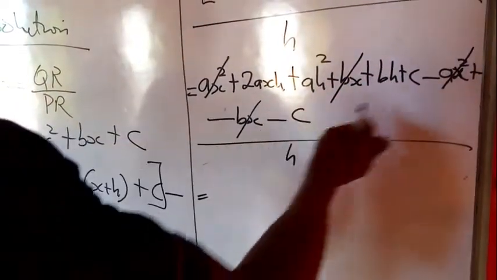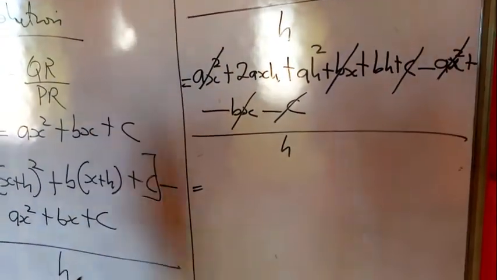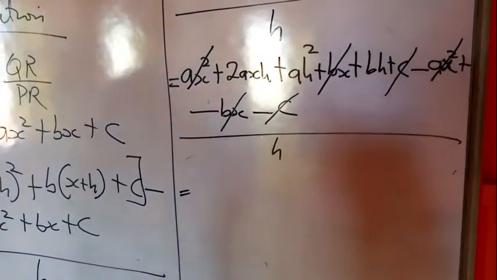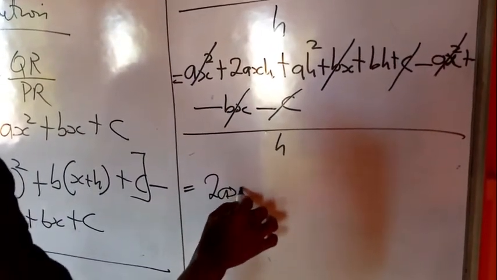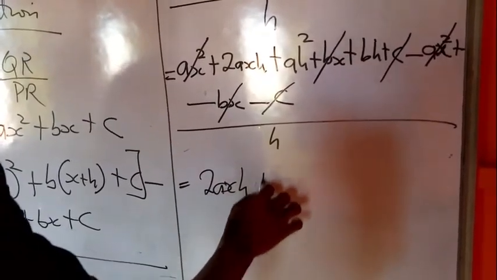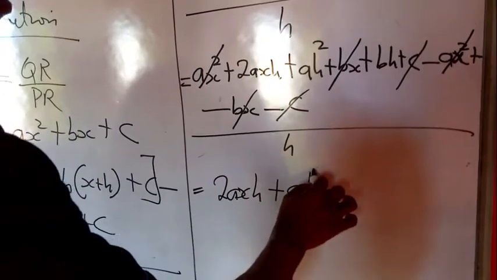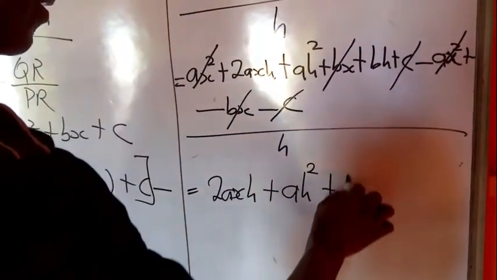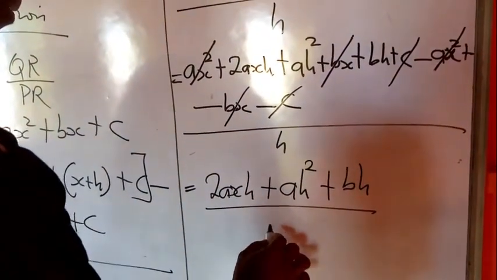Plus c minus c will also go away. So let's see what we can get from the outstanding factors. We are now going to have 2axh plus ah squared plus bh all over h.